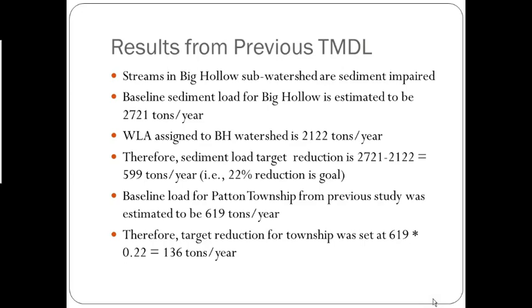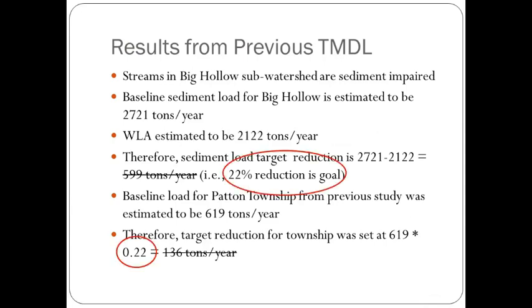As part of the same modeling, the baseline load for Patton Township was estimated to be 619 tons per year. Therefore, the target reduction for the township can be set at 619 times 0.22, which is equal to 136 tons per year. However, as suggested by recent guidance from the Pennsylvania DEP, the emphasis for a study of this type should be on the percent reduction rather than mass reduction, or the waste load allocation as determined by the original TMDL.